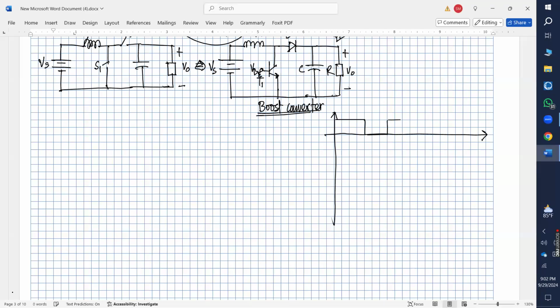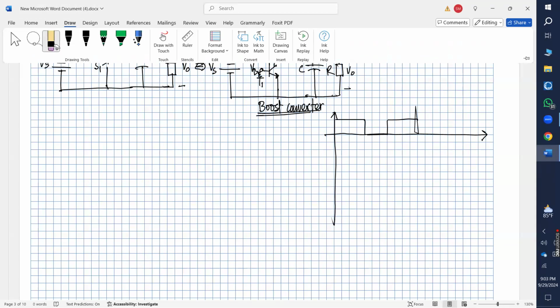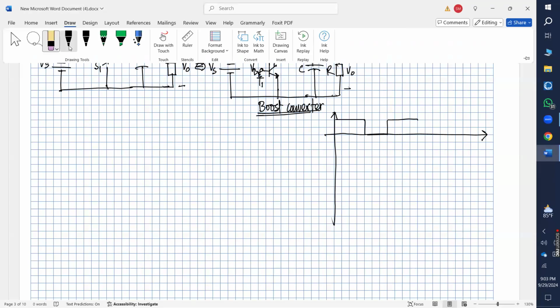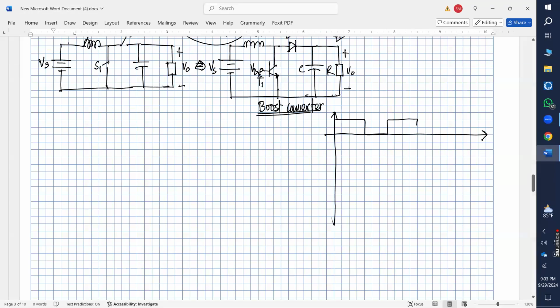Then again it is on for a certain period, and then again this is off for a certain period.